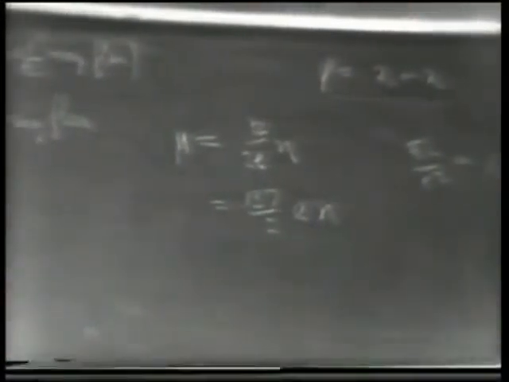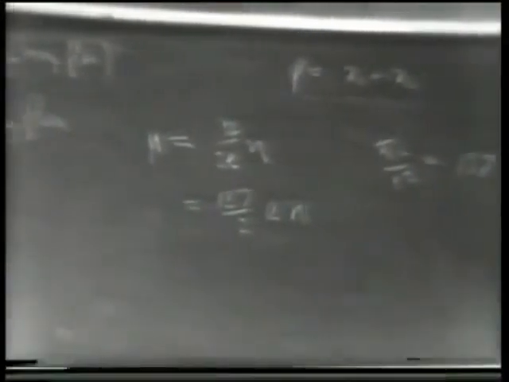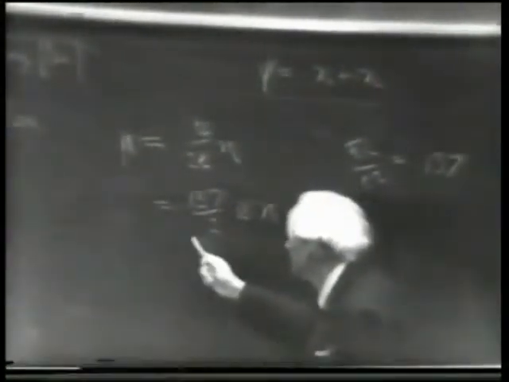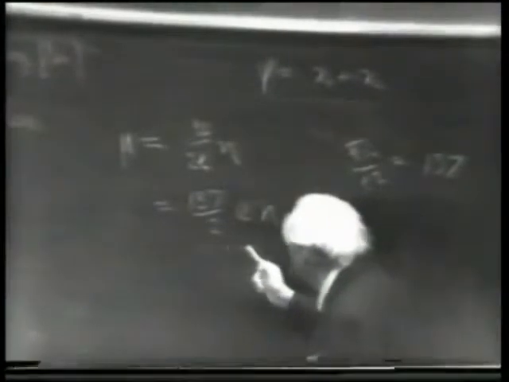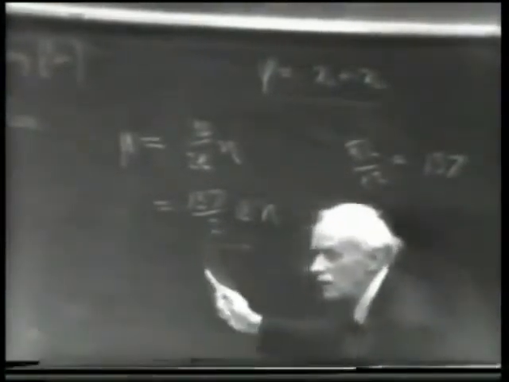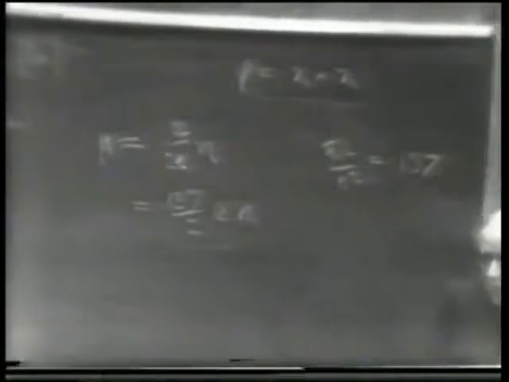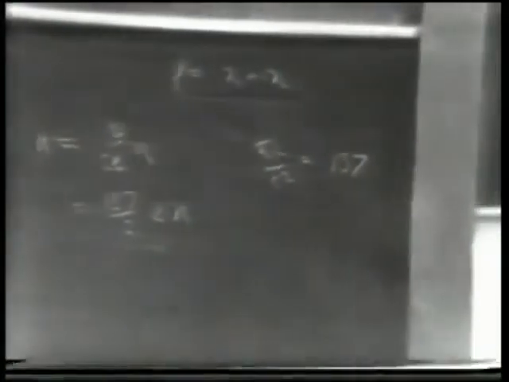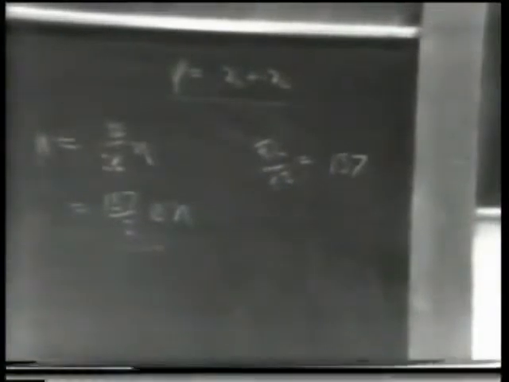You see, if you take the smallest value for n, 1, you get for the strength of the pole something which is much greater than the charge of the electron. 137 over 2 times e is large. This minimum monopole is thus quite a large thing.